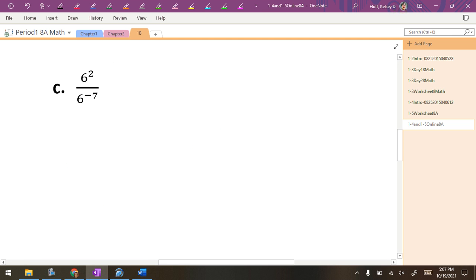C, ask yourself, am I multiplying? Am I dividing? Am I raising a power to a power? I am dividing because it's a fraction. Keep the base. What's the base? 6. And I need to subtract my exponents. My top one, which is 2, minus the bottom one, which is -7.